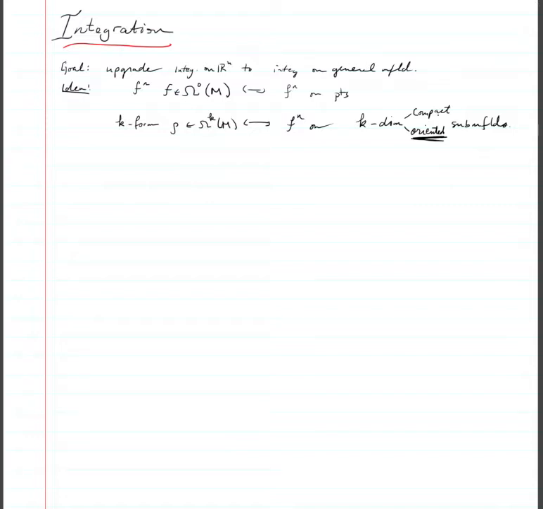So I could remove this compactness and say oriented, and then I'd have to put here a C, which means compact support k-form. All right, so let's begin with the basic ingredient.